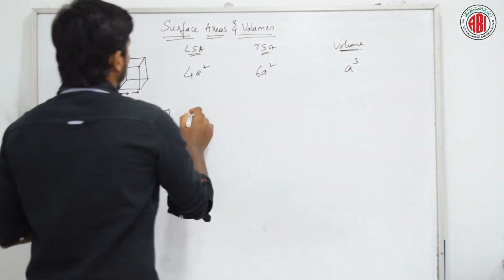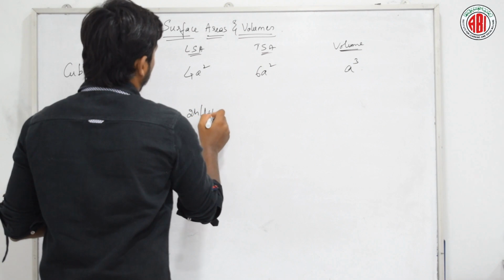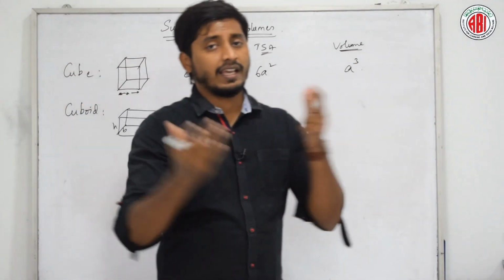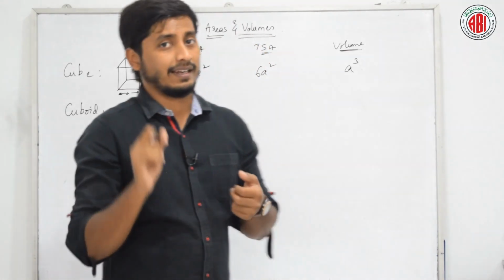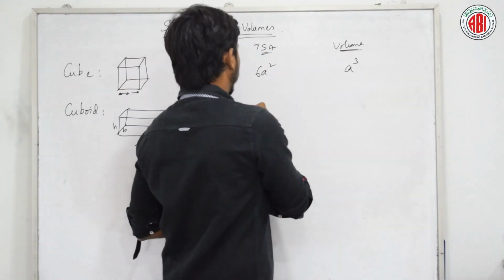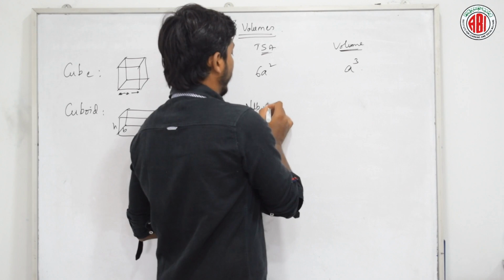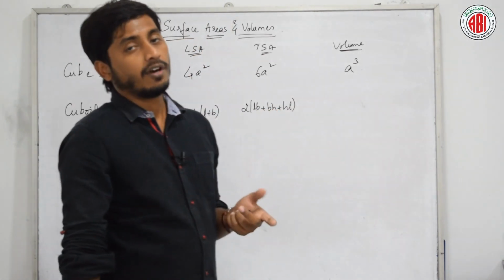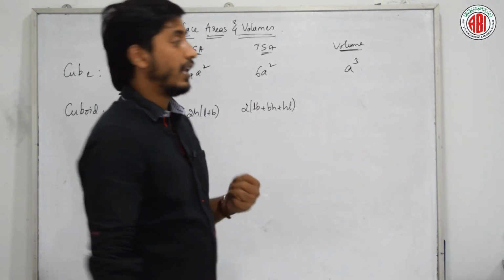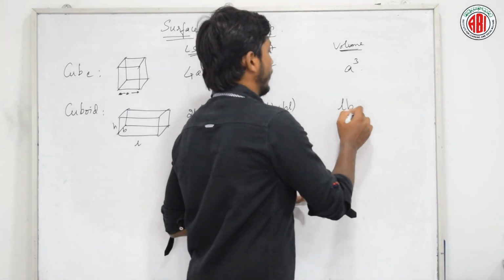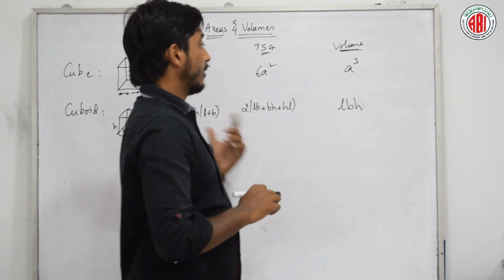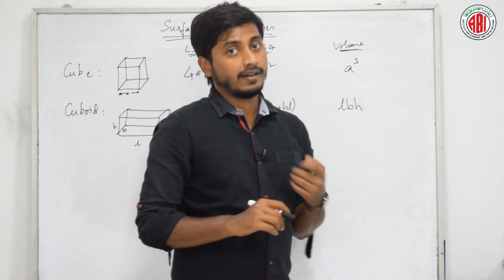Therefore, it will be 2H into (L plus B). What about TSA? We have to add everything, LB, BH, HL, so it will be double of (LB plus BH plus HL). What about volume? We have to multiply 3 parameters, L, B, H. Is it clear?